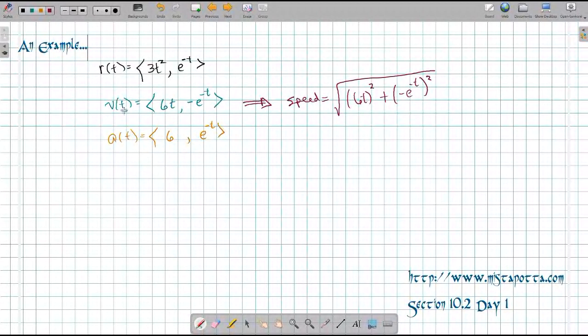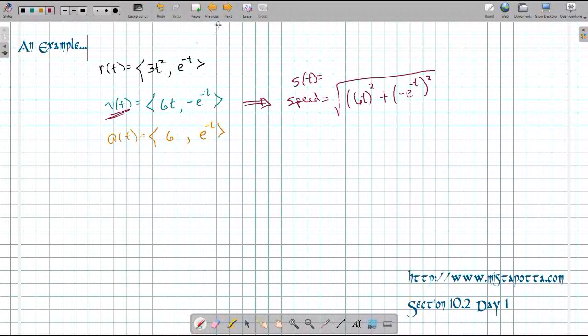And if I know the velocity vector, then I can certainly come across here and use its components to determine the speed. And this speed is really a speed function. This is the speed at time t. So that's one way to look at vectors.